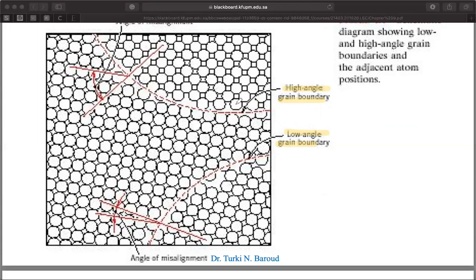And if we have a high angle grain boundary, what's going to happen? It will be very difficult for the dislocation to change from one direction to the other. So, as we mentioned earlier, we're going to have a pileup of dislocations that cannot move to the other grain. The reason is that the dislocation has to change its orientation by a large degree, or maybe the slip system is still not active yet.